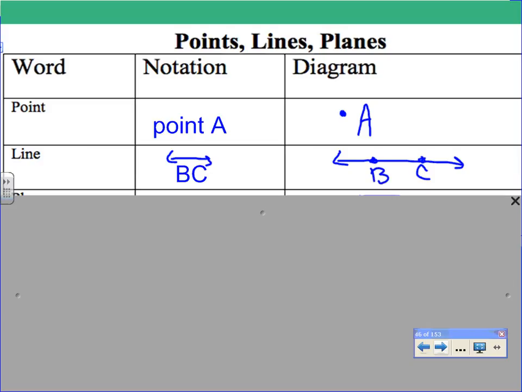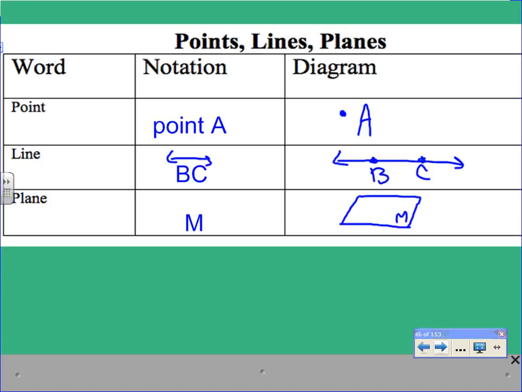Notation for line is going to have a small line above whatever the line is. You always use 2 capital letters to represent a line. So in this case, BC. Even if there were 3 letters on the line in the diagram, you still use 2 letters to name it. A diagram, remember, your line's going on forever in both directions, so it's a line. It's going to keep going. You have to have these arrows here for it to be a line.